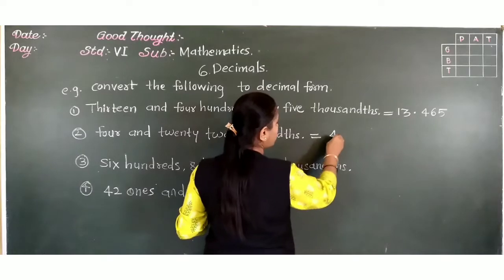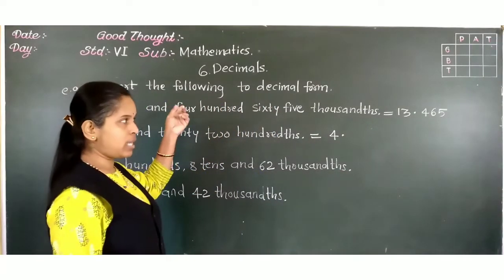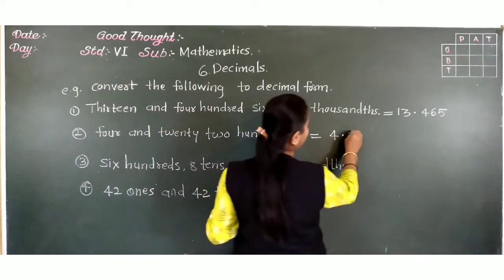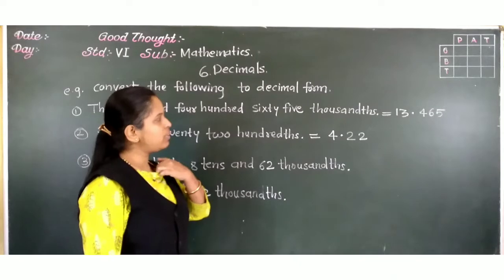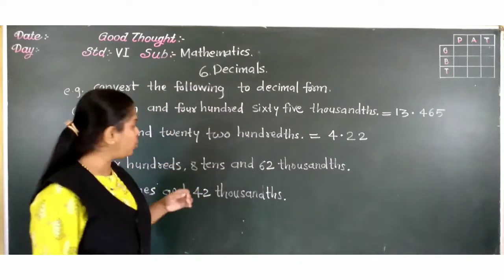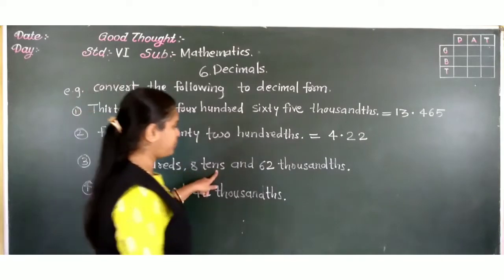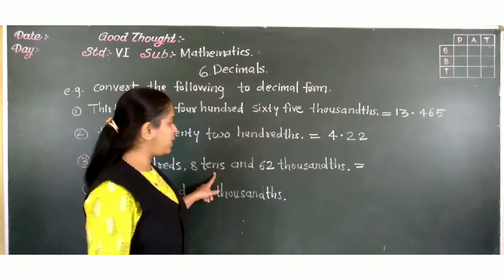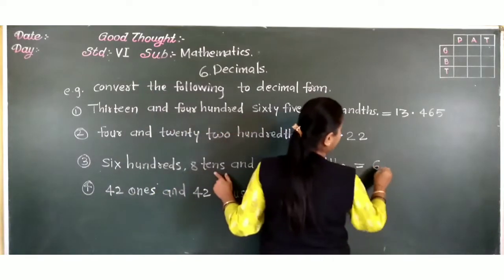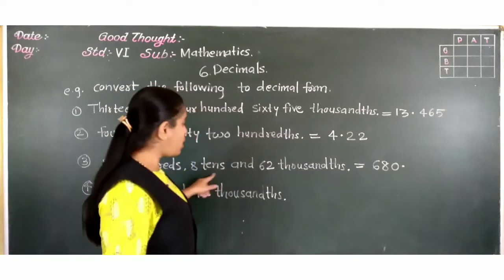That is 4 is whole number. Now 22 hundredths are there. So how to write 22 hundredths? That is thousandths place nothing is there. So 4.22. Now 6 hundreds, 8 tens. Now how to write 600 and 8 tens? That is 680. Correct? Ones place nothing is there, so 0. These are whole numbers.